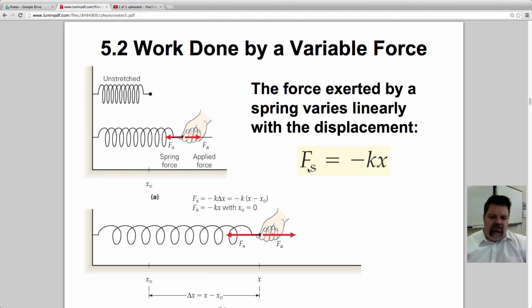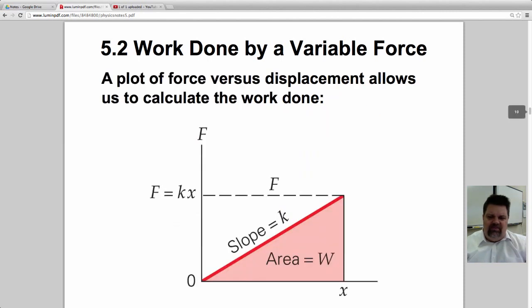That's why the spring force, F sub S, is equal to negative k, the spring constant, which is calculated based on the stiffness of the spring, times the displacement x.